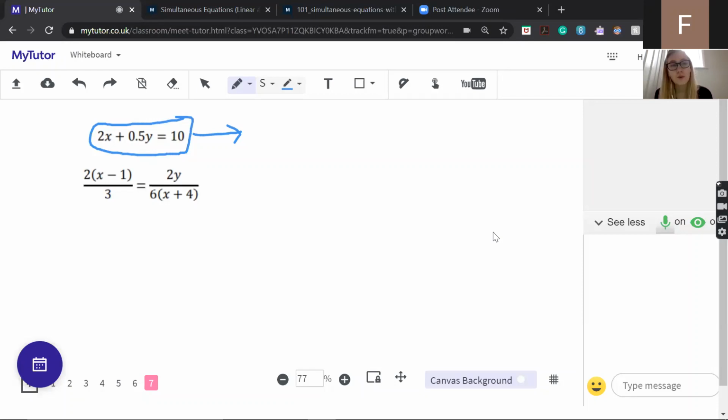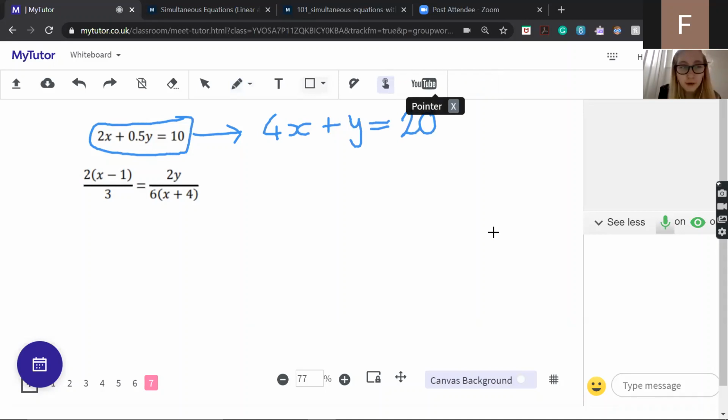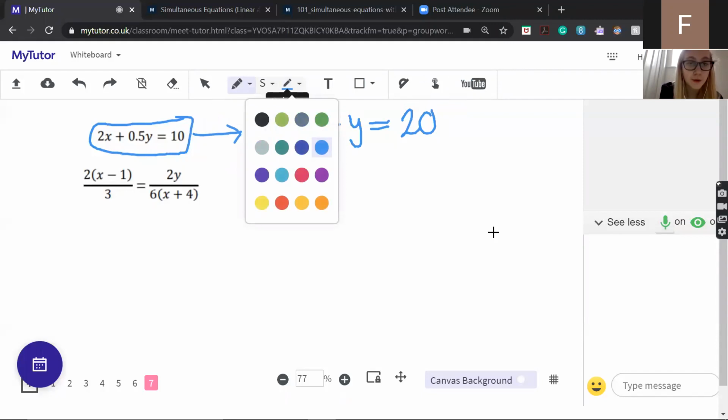So if we've got a 0.5y, the way that we can make that into just 1y is if we multiply this whole equation by 2. So by doing that, we get 4x plus y equals 20. Hopefully you can see where I've got that from: the 2x times 2, 0.5y times 2, and 10 times 2. So I just did that so that there's no 0.5s in there anywhere. So that's all we had to do with this one.